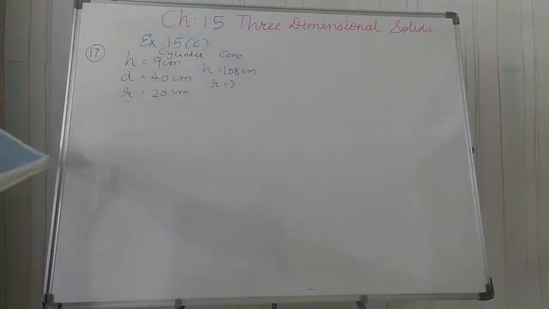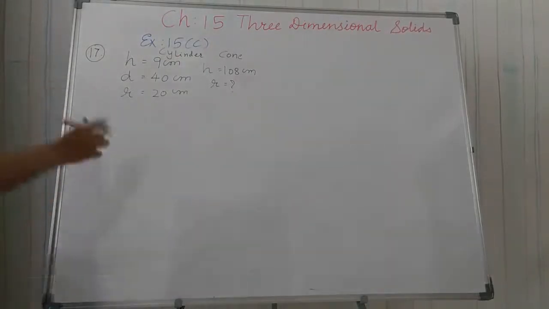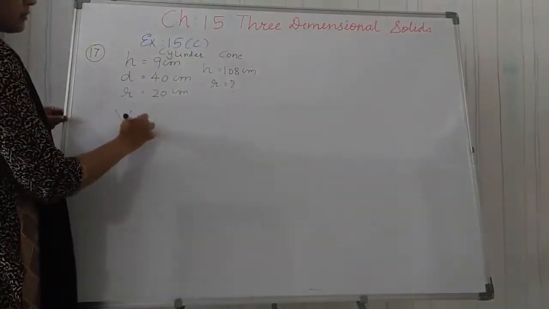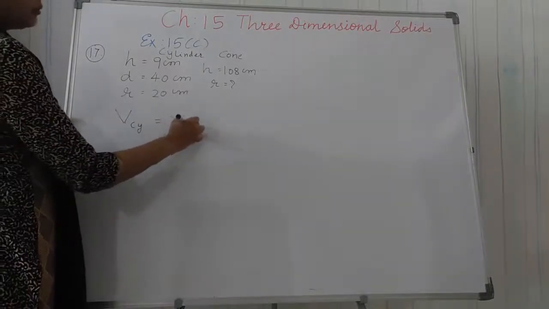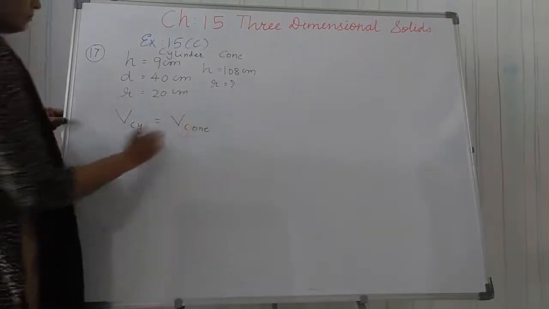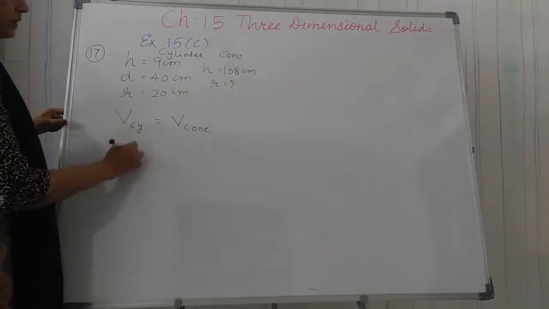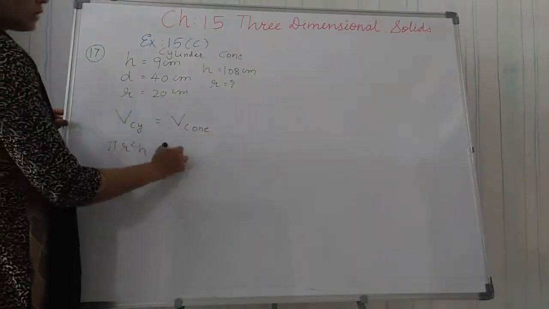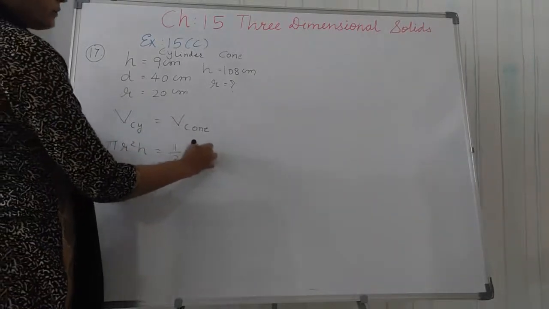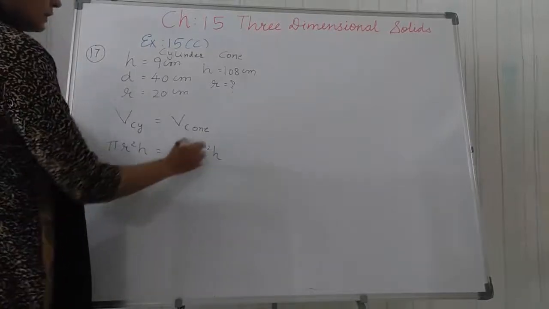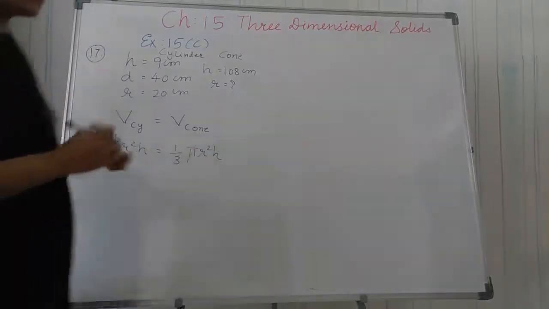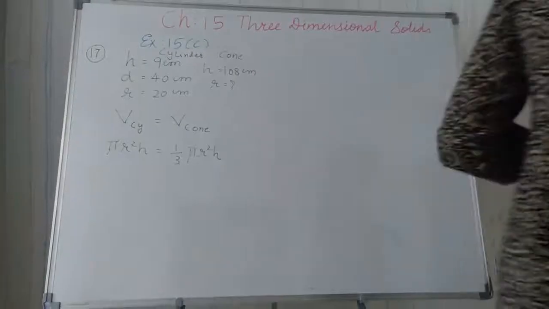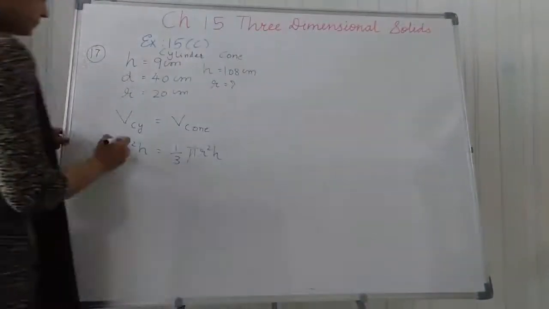Only in the first line the volume of cone and cylinder is equal. So we write volume of cylinder is equal to volume of cone. This is pi r square h and this is 1 by 3 pi r square h. So first of all this pi gets cancelled from both the sides. Also we are given height and radius of cylinder.